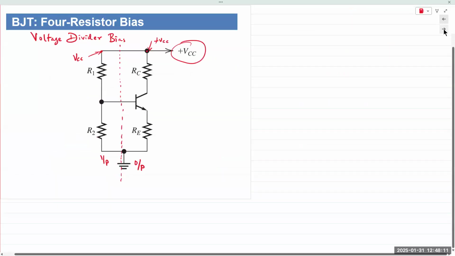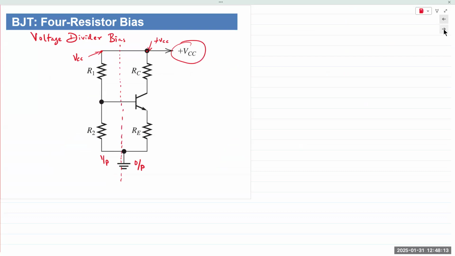One of the downsides of the single bias circuit that we saw with a single resistor is that it is heavily dependent on the transistor itself. If the transistor beta is vastly different from one device to the next, then the biasing conditions will change just simply based on that.